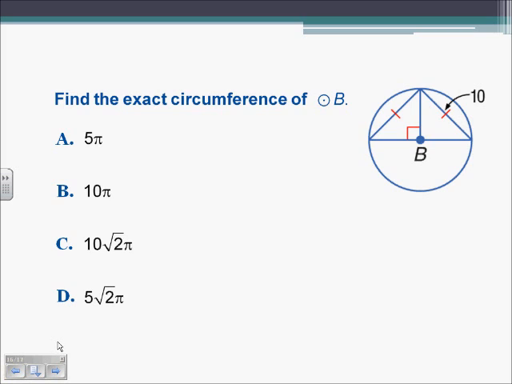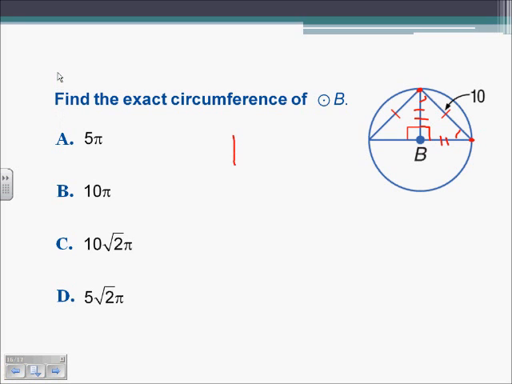If we know that both legs of the triangle are radii, then we know that they are congruent to each other. So they're going to be equal. If two legs of a right triangle are equal to each other, then the two angles opposite them have to be equal too. And if this is a right triangle with two equal angles, we have a special right triangle here. We have a 45, 45, 90.